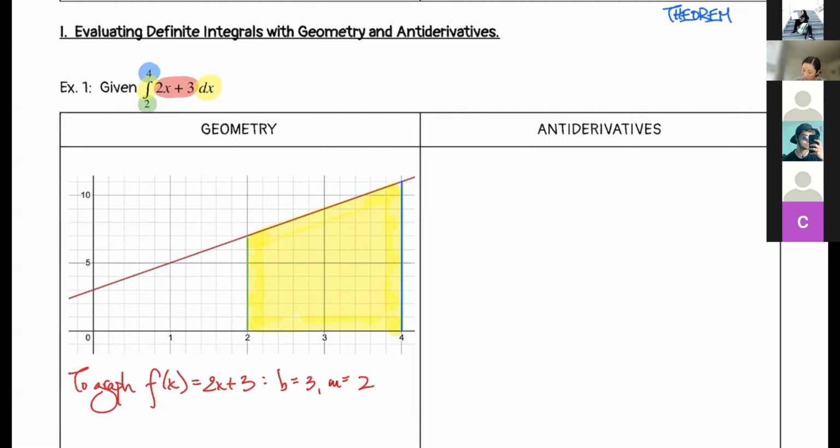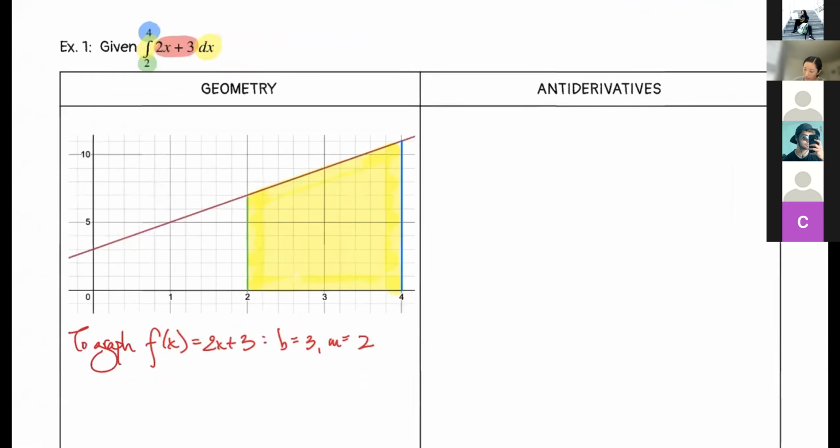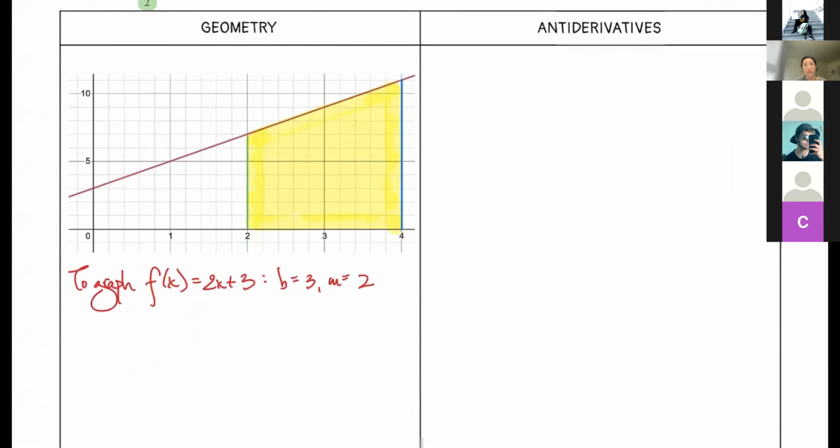Okay, so what shape did we just shade in here? Yes, so our shape is a trapezoid. Well, if I want to find the area of this trapezoid, I best know the area of a trapezoid formula.